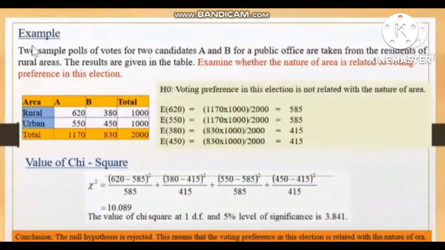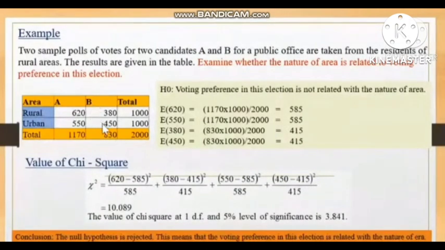So here, our observations are given in this contingency table. There are two rows, rural, urban, and two candidates, A and B. It is a 2 into 2 contingency table. These are observed frequencies, 620. That is, candidate A has got 620 votes from rural area.